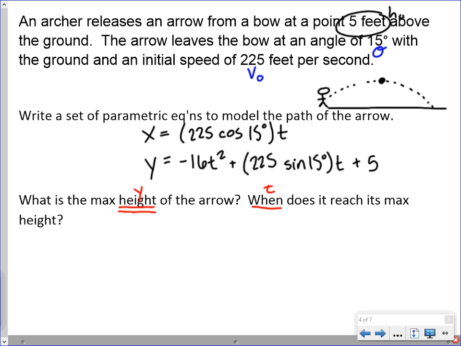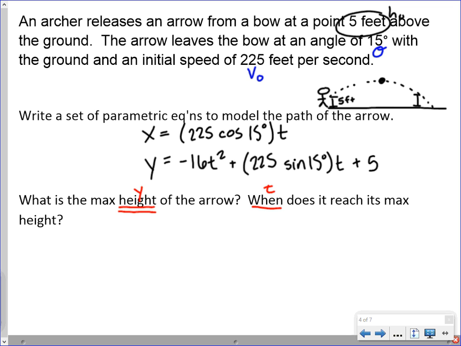I'm not confident that it actually is in the middle of this graph, because remember, I released the arrow at 5 feet above the ground. So that's symmetric over there, and I'm actually going a little bit further. So I don't know that it's in the middle, but the picture is what shape? A parabola.